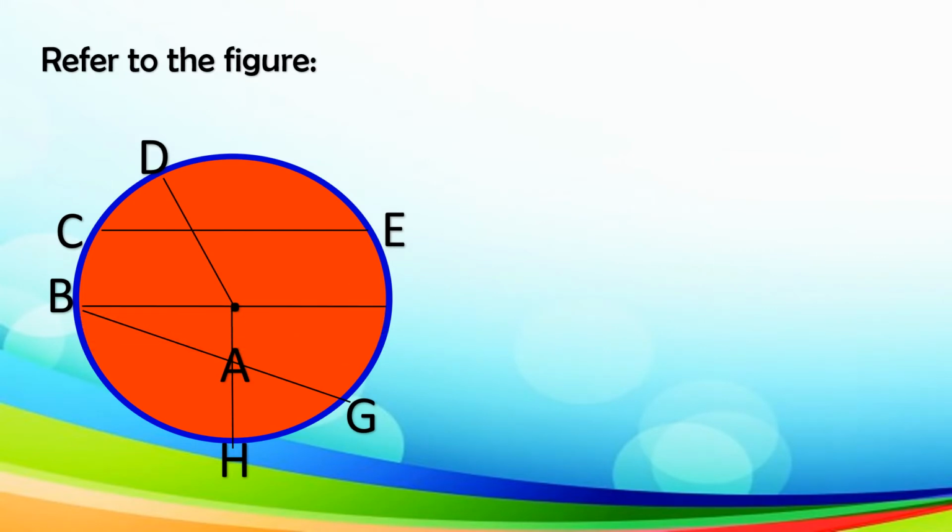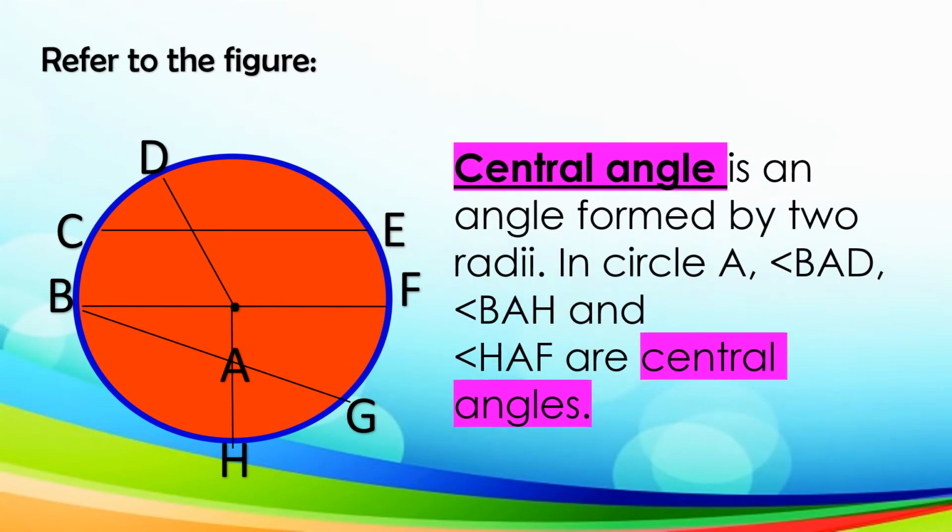Another term related to circles is the central angle. Central angle is an angle formed by 2 radii. So in circle A, we have angle BAD.